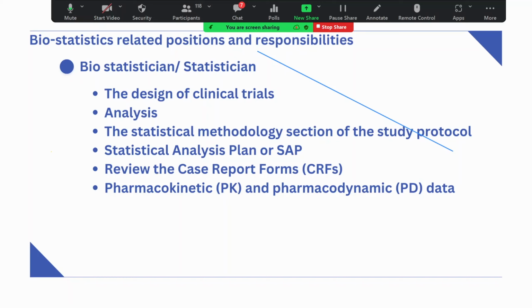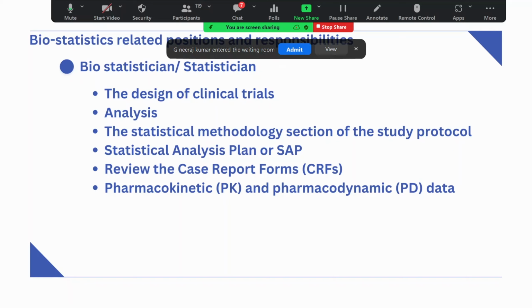Generating the study randomization schedule, which is used to randomly assign subjects in the clinical trial to the different treatment groups in the study. Writing the statistical analysis plan, or SAP, which is a document that provides more specific details for performing the statistical analysis described in the study protocol.